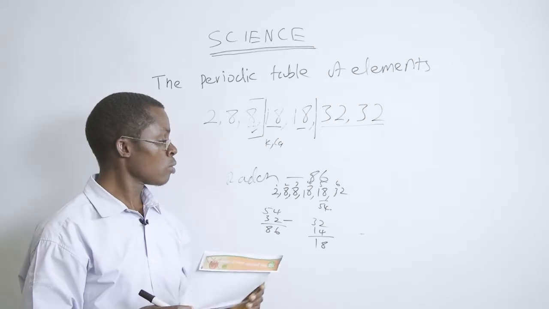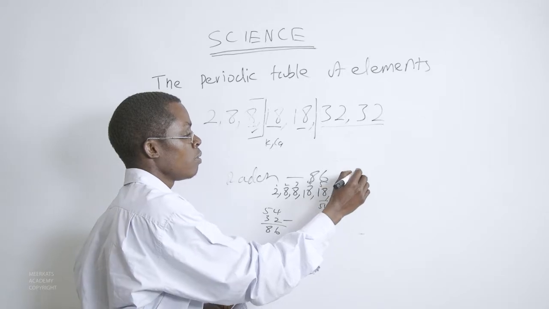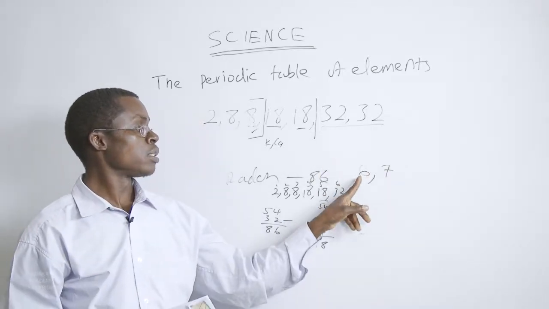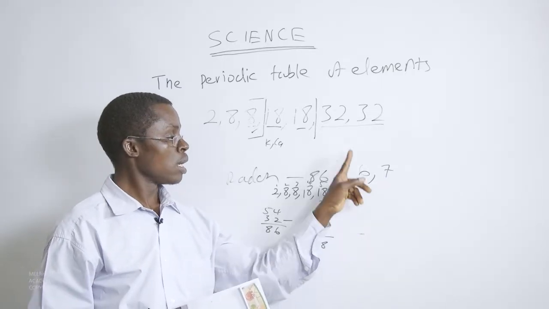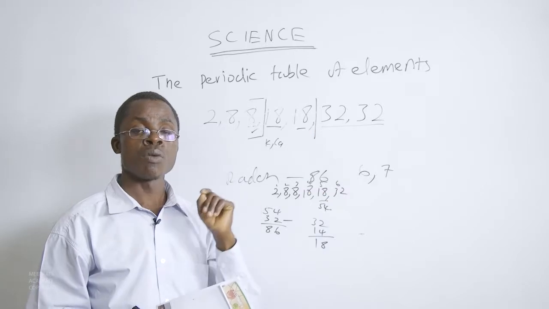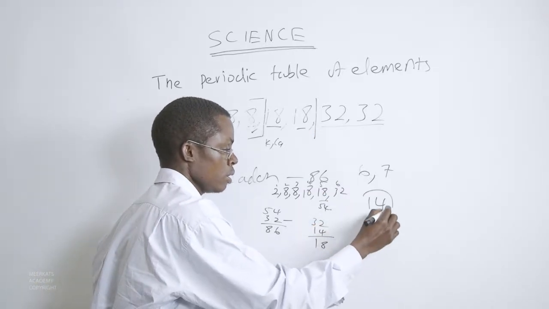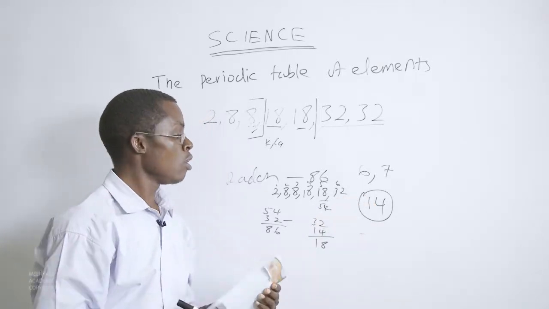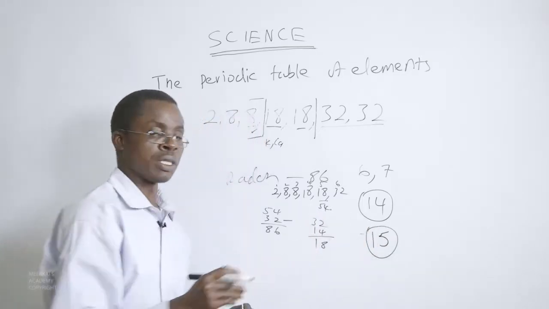In addition, you need to realize that once you are talking about energy level 6 and 7, where we have lanthanoids and actinoids, you have to remember to subtract 14 or 15, the way you will understand best.